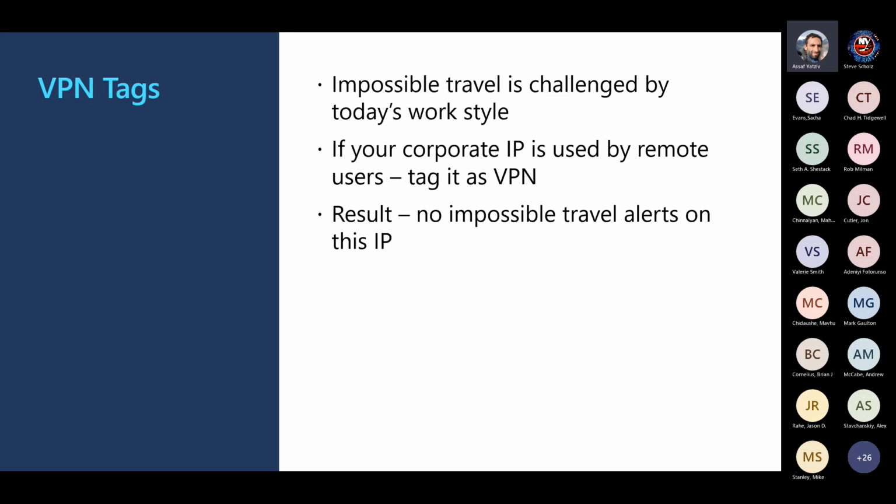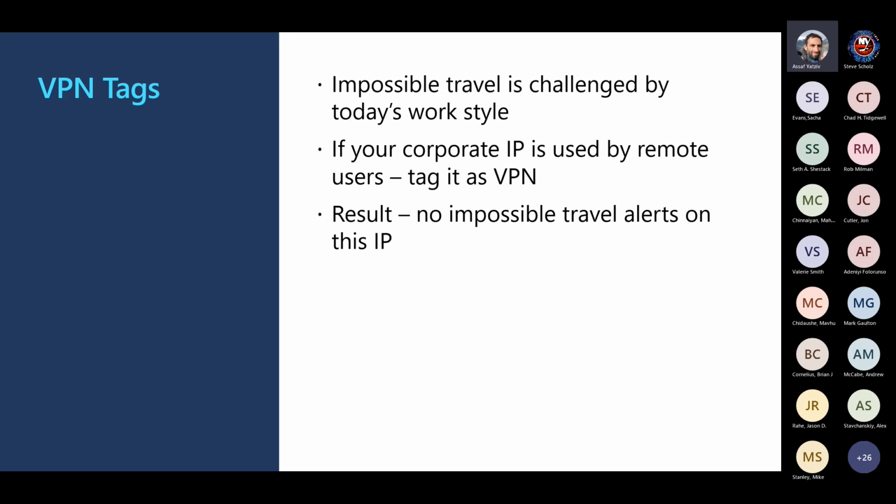So what we recommend is this: if you have a VPN, and a lot of customers tag their corporate IP as corporate IP, which is okay, it's good for the IP if it's used only for physical connection.